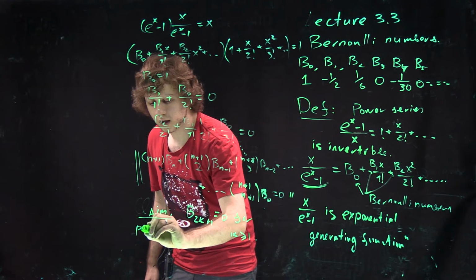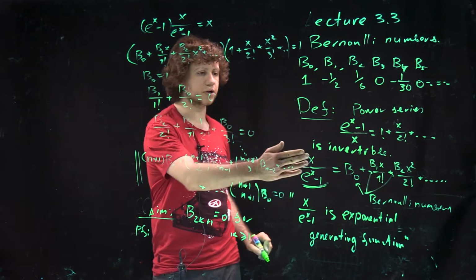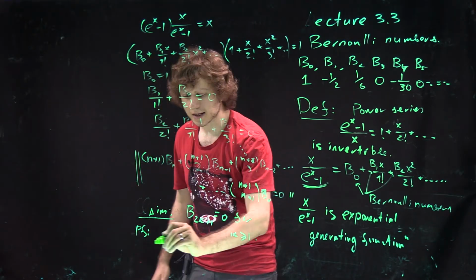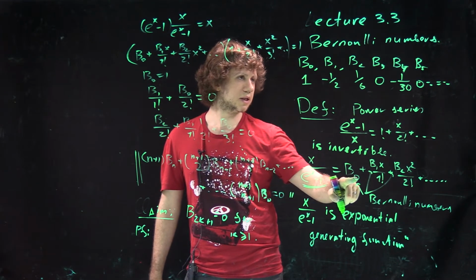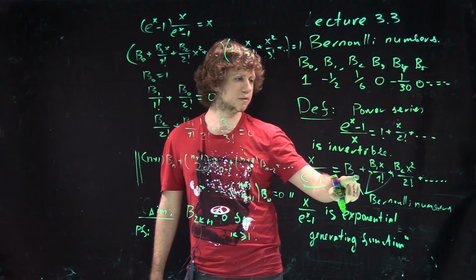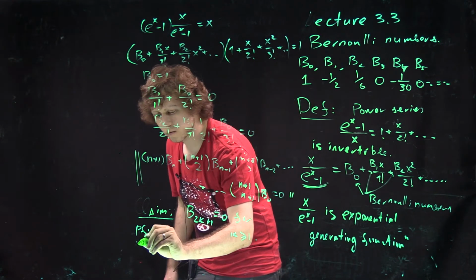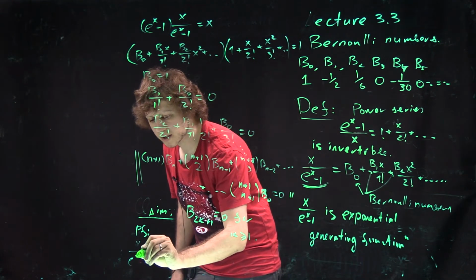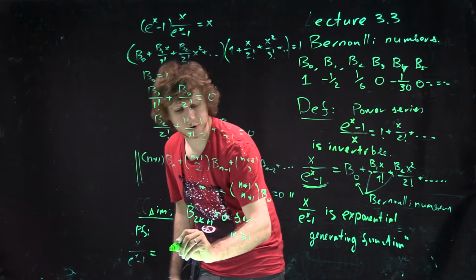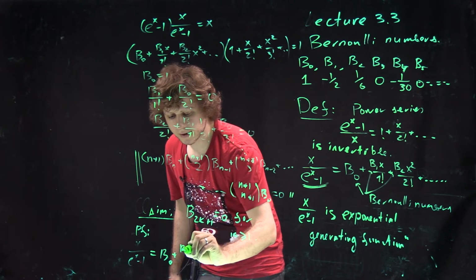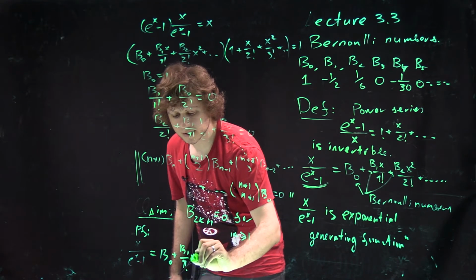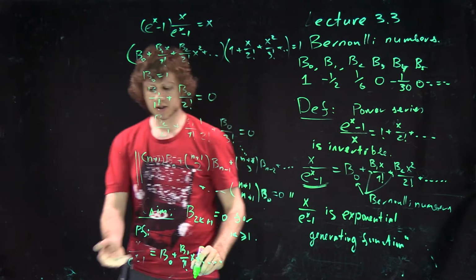For this, let's take our function. We know that x over e power x minus 1 is equal to b0 plus b1 over 1 factorial x plus and so on. And then we can just plug in minus x.